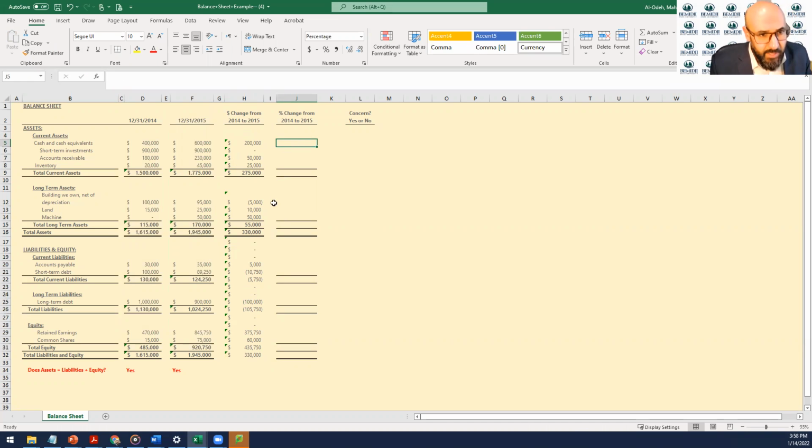So for example, let's find the change. I'm going to delete these just a second here. Let me fix the format first. Right now, copy the format for this cell. I want it to be equal to this here. And now this cell, I want to copy the format to be this here. And the same thing for this.